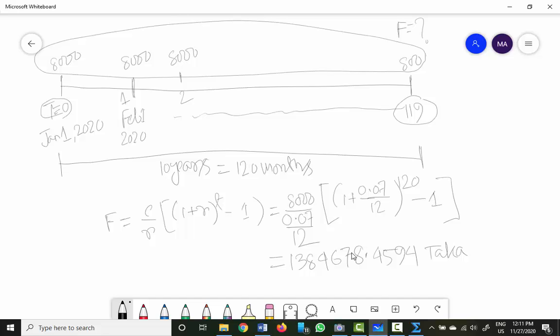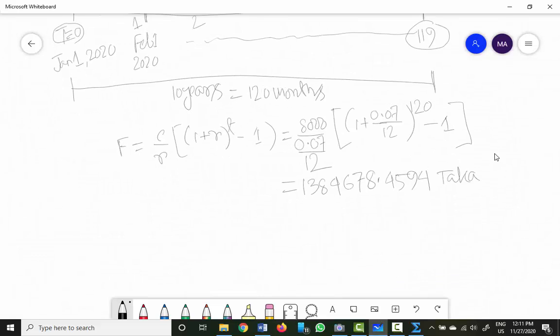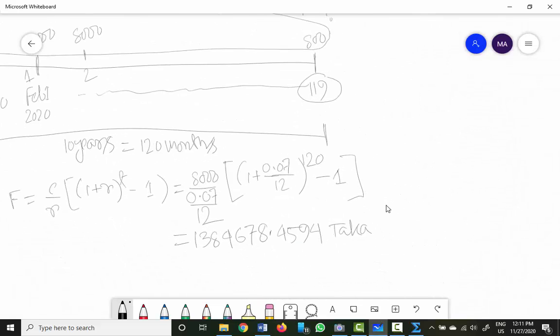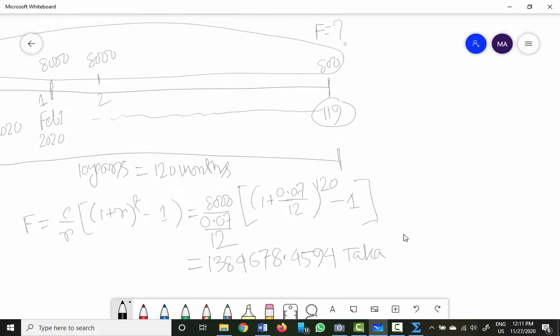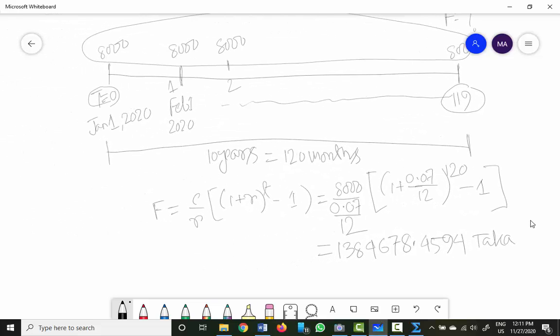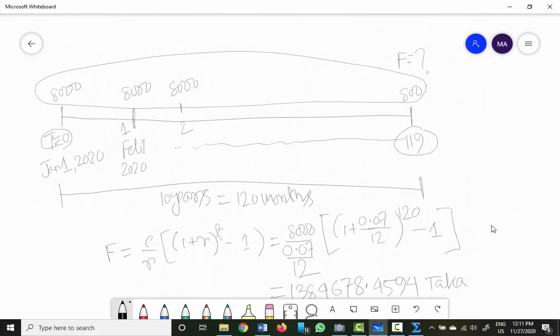But if the question asks you how much you will get after 10 years, that means how much will be in the account at January 1.